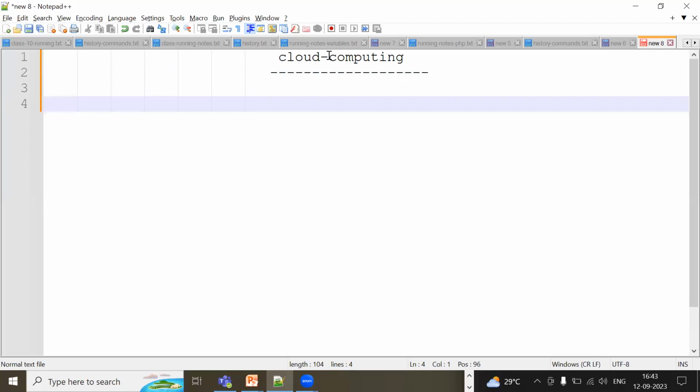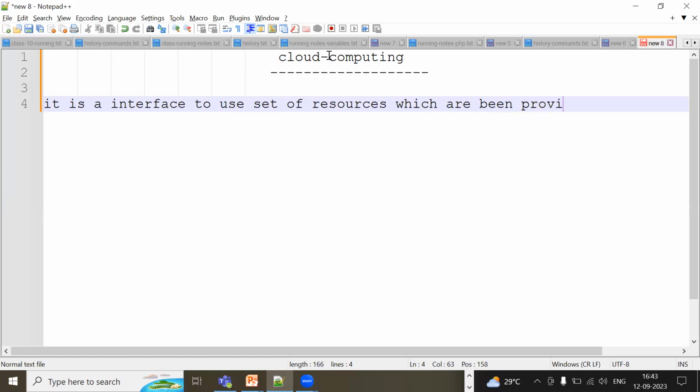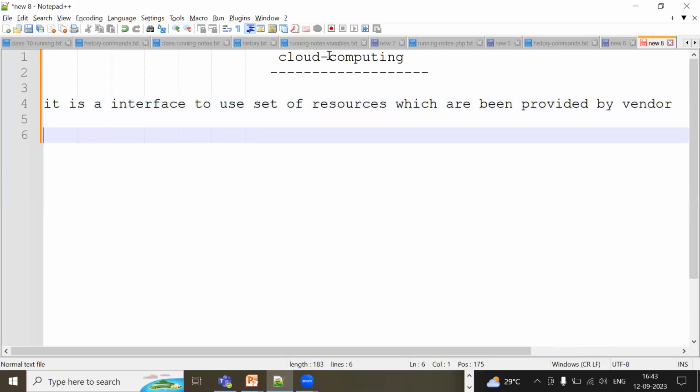So it is an interface to launch or use a set of resources which are being provided by a vendor. You can use any of the things, whatever they give.